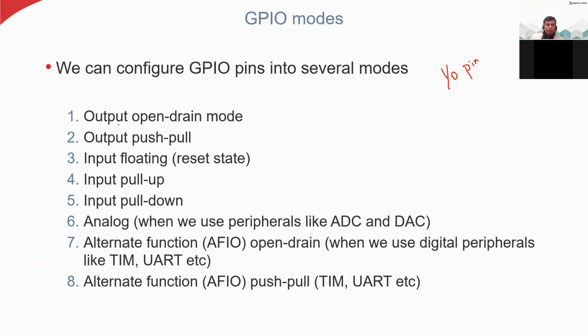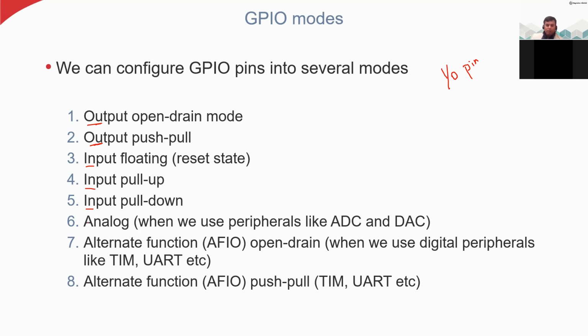For example, you can configure it in output open drain mode and push pull mode. Both are in output mode. Similarly, you can also configure the pin in input mode, which means the microcontroller will receive the input through that pin. You can configure it as input floating mode, input pull up mode or input pull down mode. So there are three possible modes for the input pin.